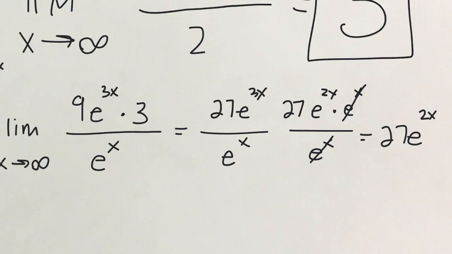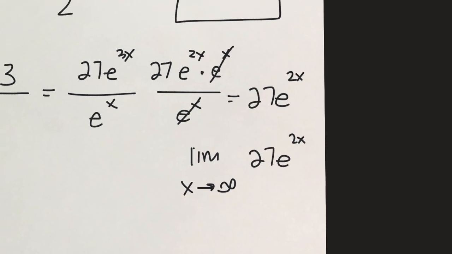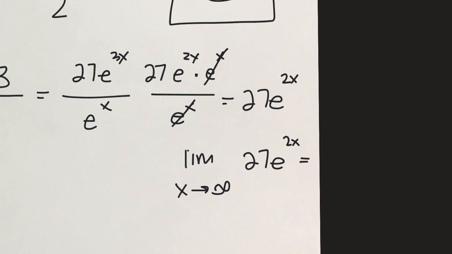But still, if I take the limit as this approaches infinity of 27e to the 2x, what do I get as my answer? Infinity. Okay, so my answer is infinity, which means as x's get really, really large, the y values get really, really large also, right? It's exponential growth.